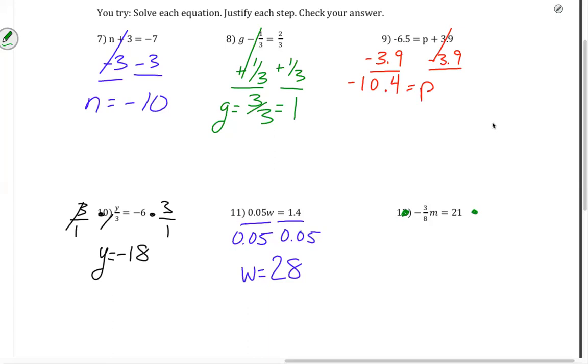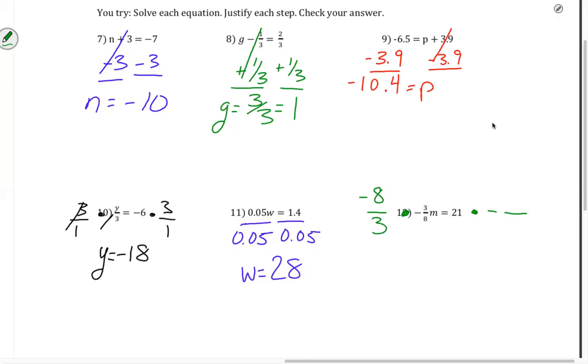Now, I remember Dan saying something about flipping. Do you remember that? Yeah. Okay, so let's flip that fraction. When I flip it, what do I get? You get negative 1, or negative 8/3.